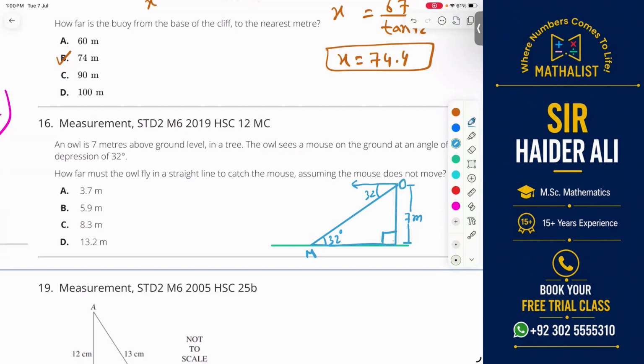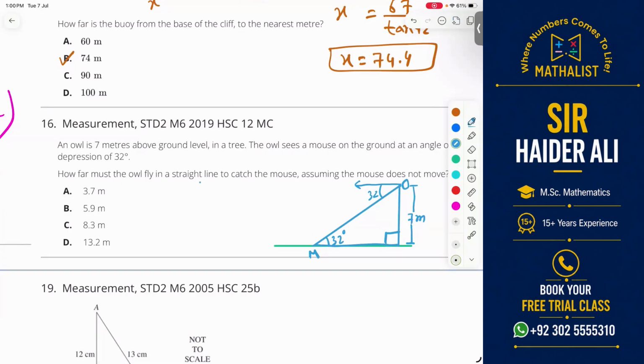Here is O, and this one is T. How much does O fly in a straight line to catch the mouse? O will fly in this direction, right? You can say it's a distance, that is x distance, right?